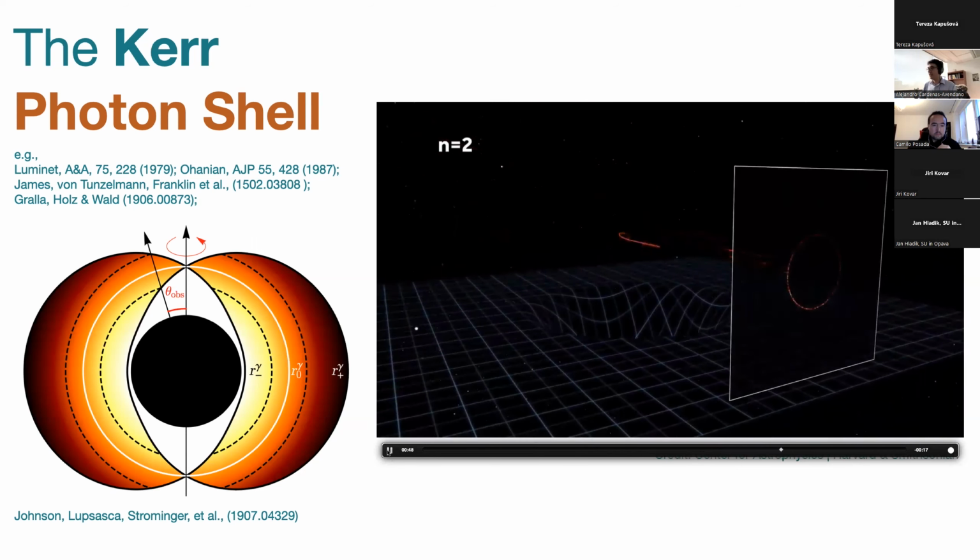Again, they don't appear anywhere in the observer screen. They appear in a very particular location. Of course, N equal 3 exists, N equal 4, and what we call the black hole boundary of the shadow, or the critical curve, is this N equal infinity. I want to emphasize that N equal infinity means that the black hole shadow is not observable. It's a theoretical curve that we cannot observe, because the photons are bound there infinitely many times.